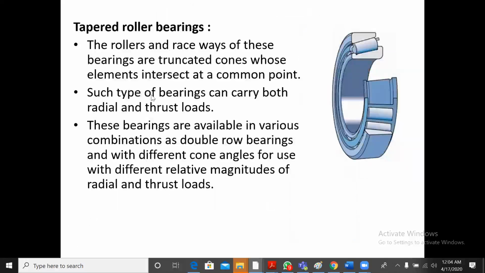And the last bearing is the taper roller bearing. These taper roller bearings are basically used where a higher thrust load is coming over the shaft.